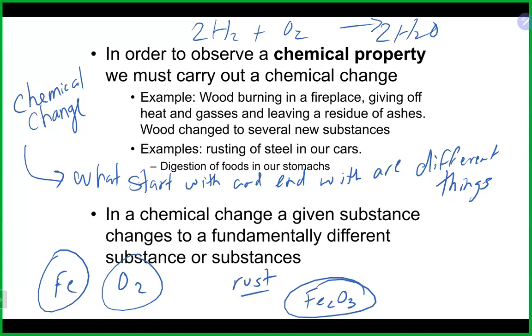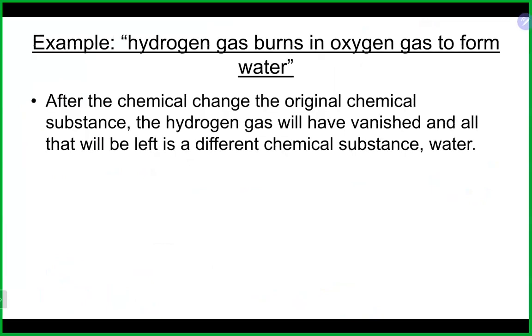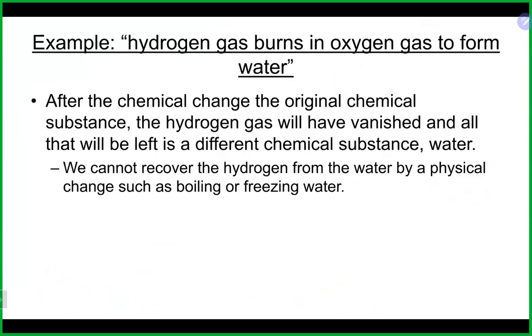You could definitely do a chemical reaction, which I think we'll do later on in a lab. You could run an electrical current over the water, for example, and break it back down into hydrogen gas and oxygen gas. But that would be another chemical change that will essentially happen in that case.